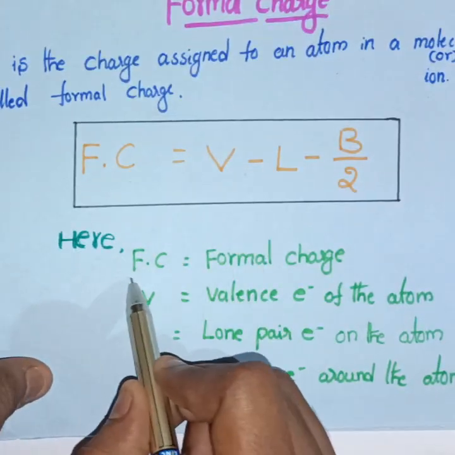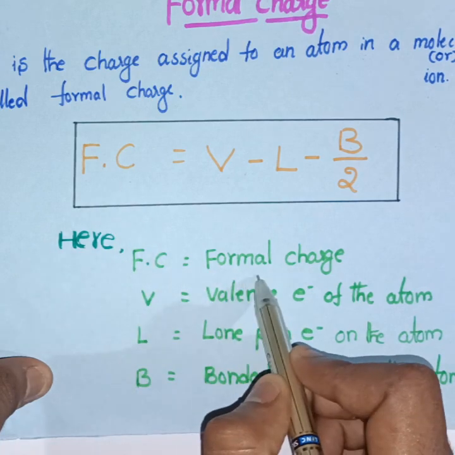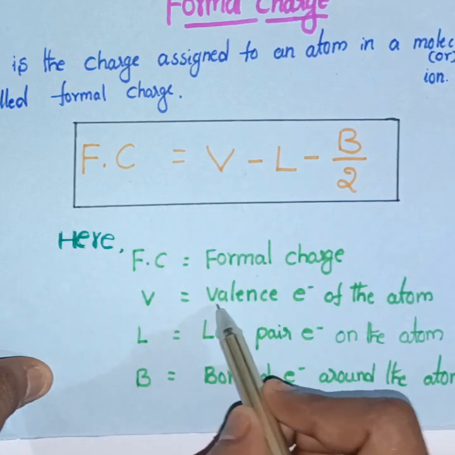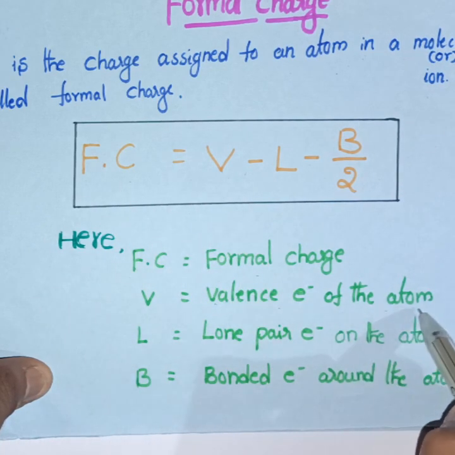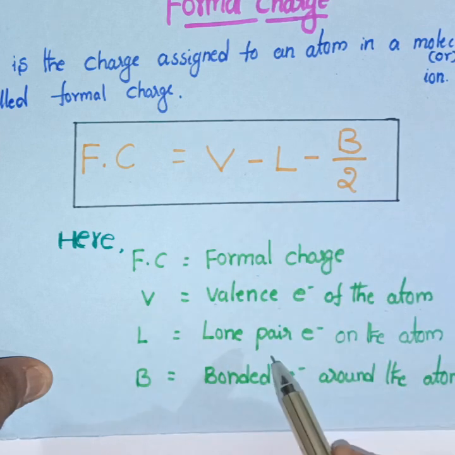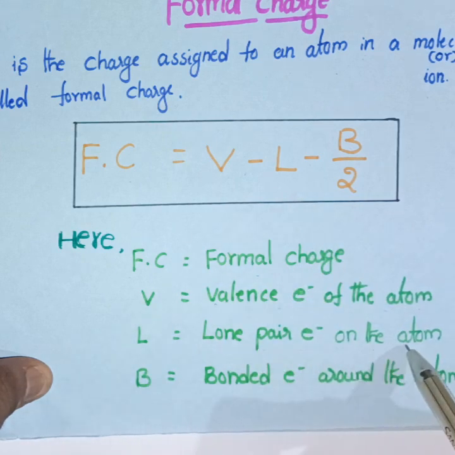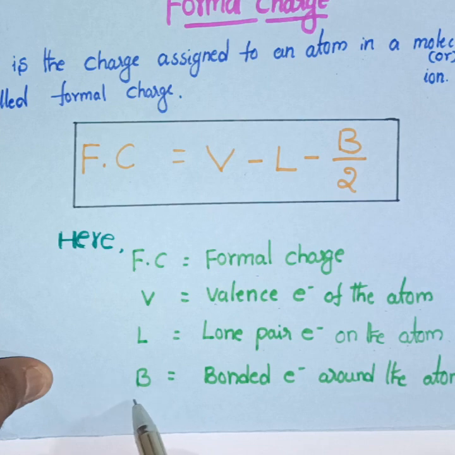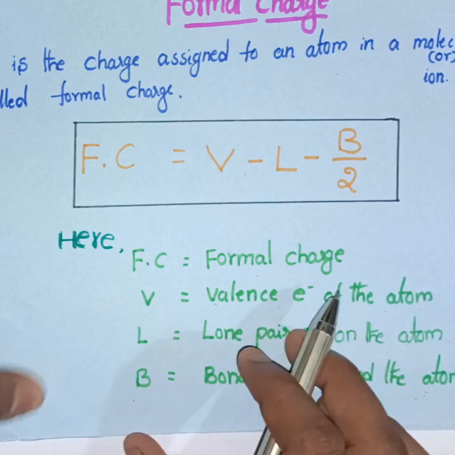Here Fc means formal charge, V means valency electrons of the atom, L means lone pair electrons on the atom, B means bonded electrons around the atom.